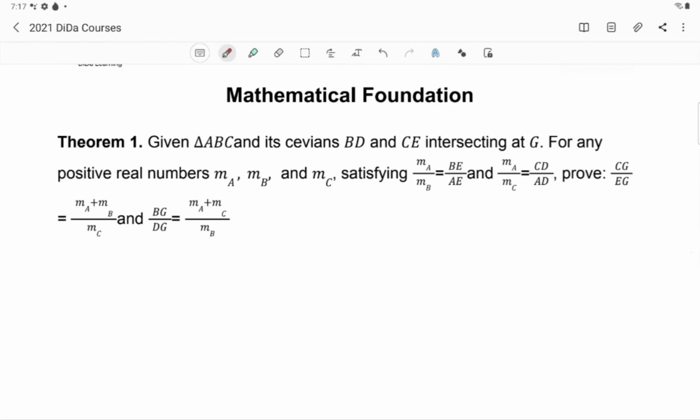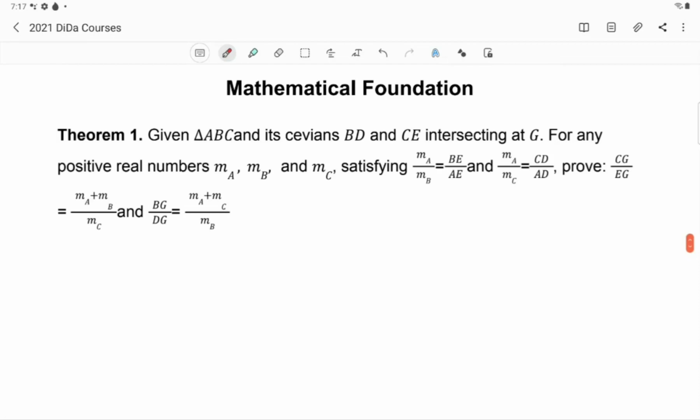The reason being that there was some highly heated debate in WeChat groups about the legitimacy of mass point geometry as a method in proving or even computing ratios of line segment lengths. Someone who actually got an IMO silver medal basically kept discrediting this method.